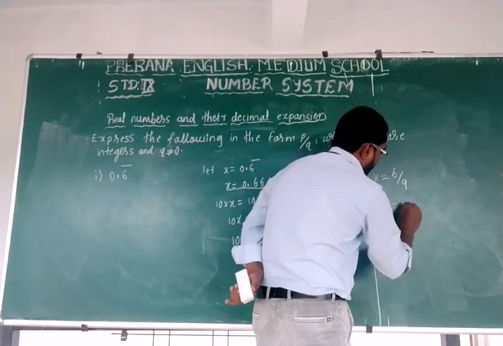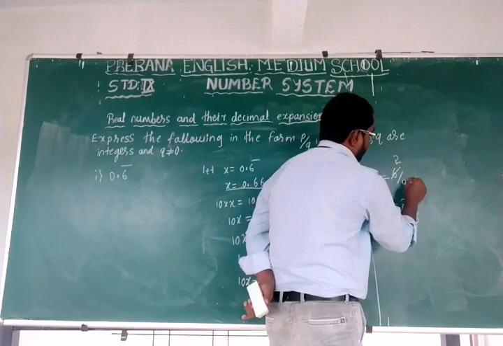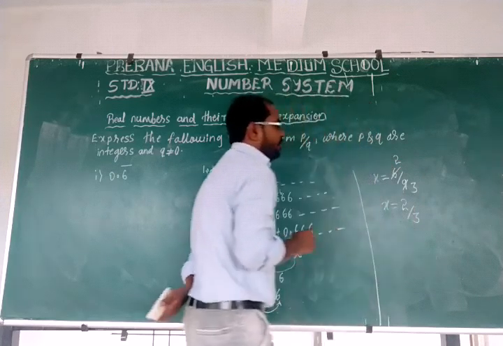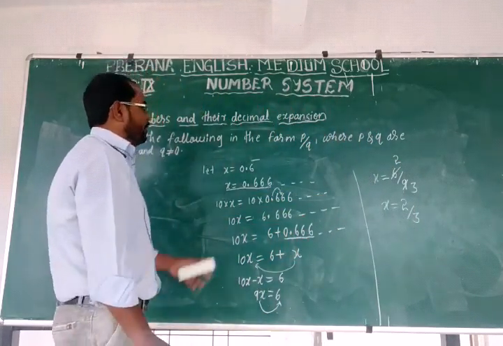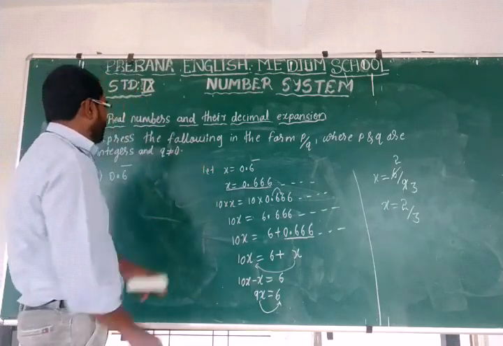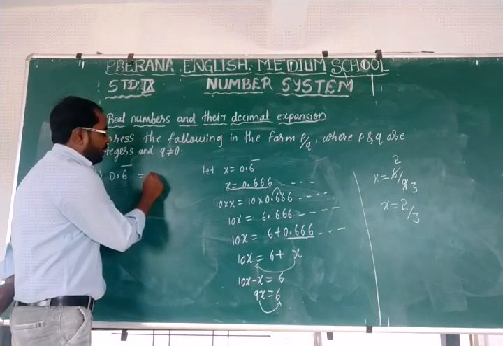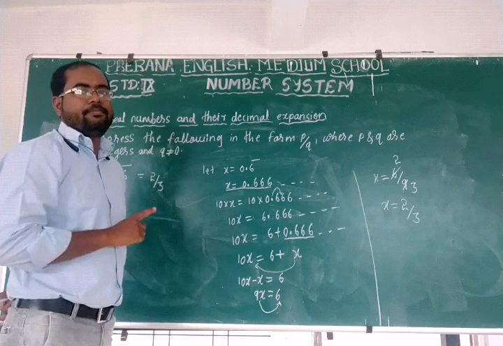So x is equal to 2 by 3, because 3 into 2 and 3 into 3 is 9. So the value of x is equal to 2 by 3. That means we have written 0.6 bar in the form p by q. We have written 6 by 9 as 2 by 3.